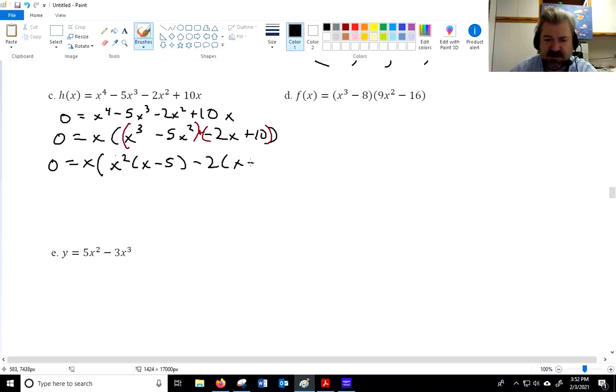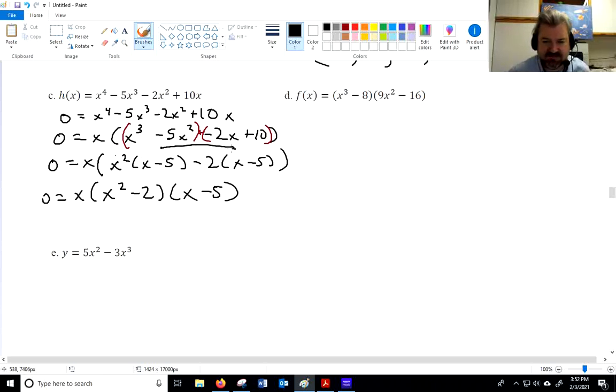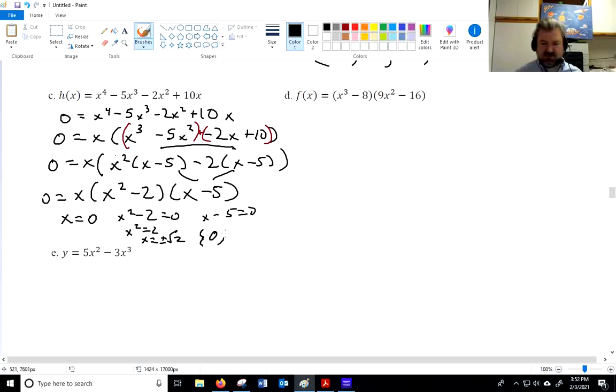Take out a minus 2, and I get x minus 5. Now, this becomes x times x squared minus 2 is the first group, and the second group was x minus 5. Because I pulled out these 2 5s and put them there. All right, now I can't factor x squared minus 2, but I can set each factor equal to 0. And you can see that our solutions are going to be 0, 5. And this one here, I have to do plus or minus the square root of 2. So my answers are 0, root 2, negative root 2, and 5.